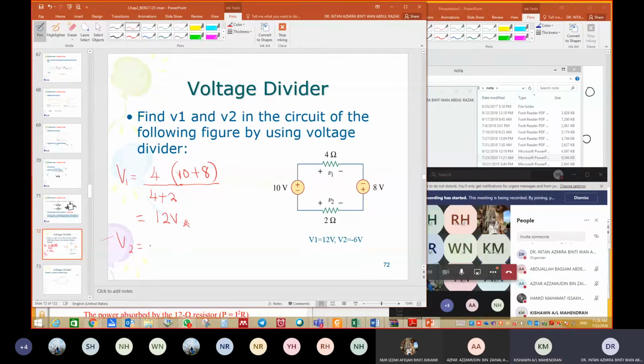I want to write V2. V2 is equal to 2 divided by R, and then 18, right?